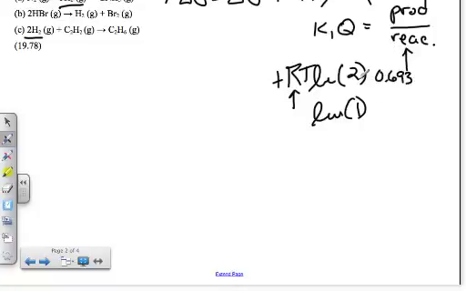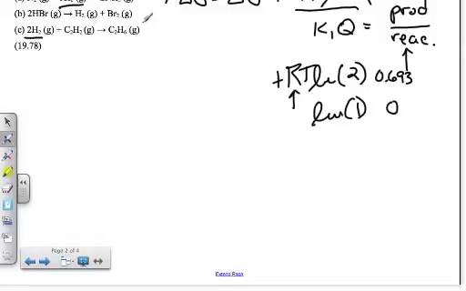If I take the natural log of 1, it's 0. So you can see that Q is decreasing, and if this term decreases, then you'll be subtracting that from this and delta G will decrease. So in A and C, Q is decreasing, delta G decreases.